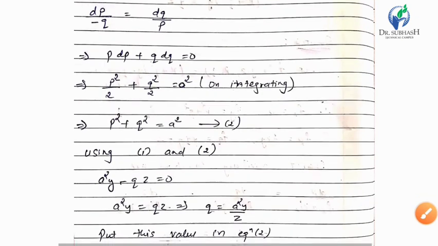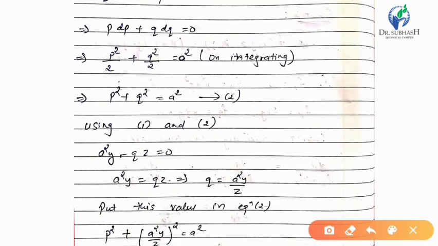So on integrating I get p square by 2 plus q square by 2 equal to a square. Now this 2 will go to the other side, so anyway it will be constant, so I will keep a square as it is and name this as equation 2. Now from equation 1 and equation 2, I will put this value of p square plus q square in equation 1.